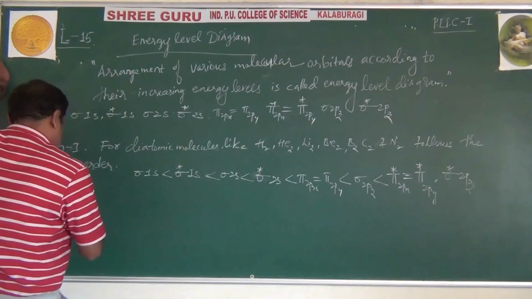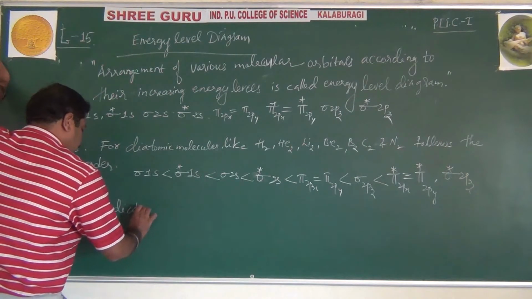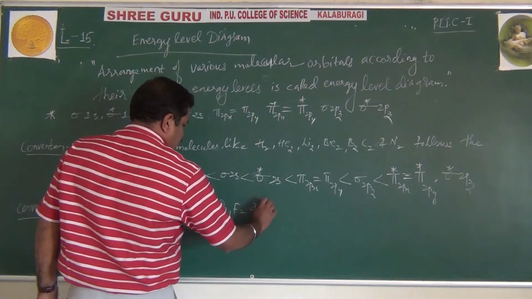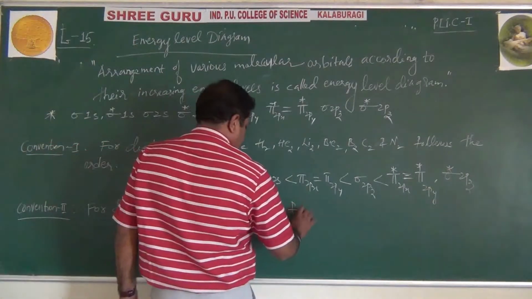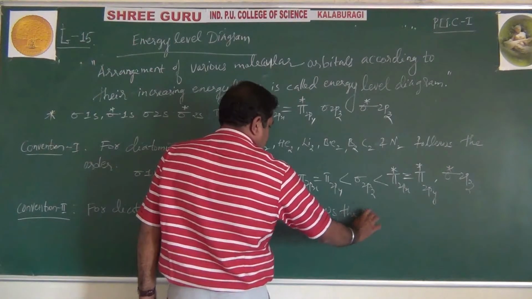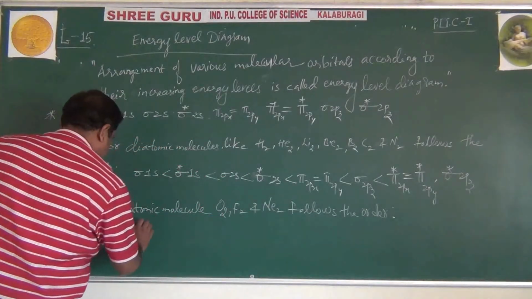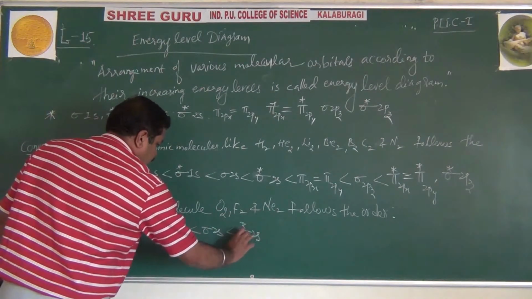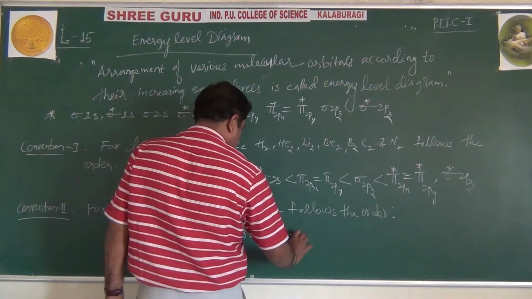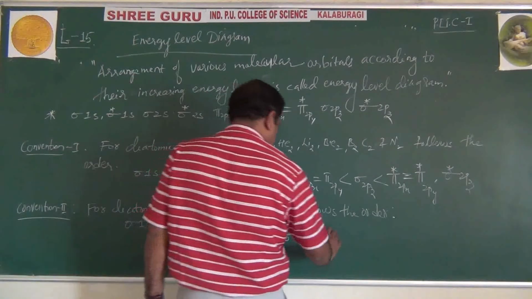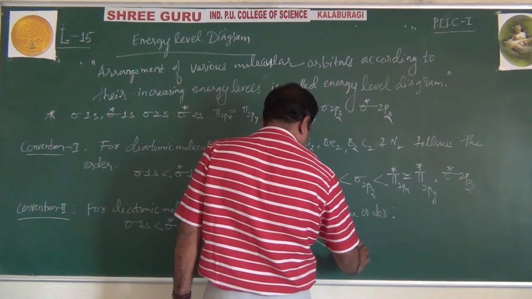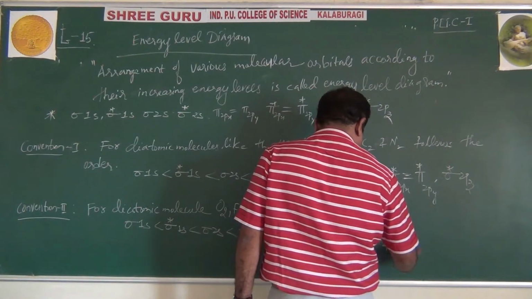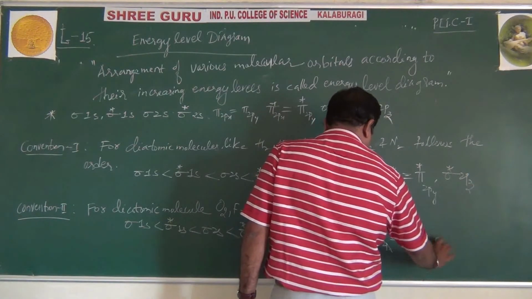So for atomic number greater than 7, diatomic molecules like O2, F2 and Ne2 follow the increasing order: sigma 1s, sigma star 1s, sigma 2s, sigma star 2s, then first sigma 2pz, then pi 2px, pi 2py, then pi star 2px, pi star 2py, then lastly sigma star 2pz.